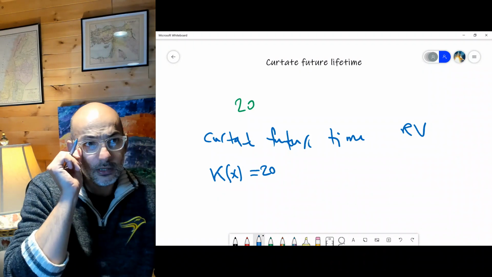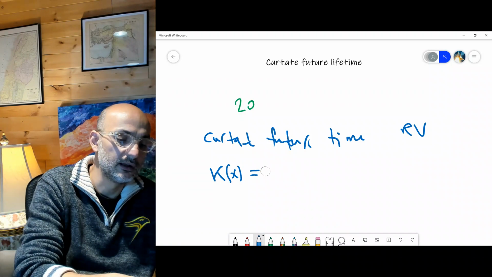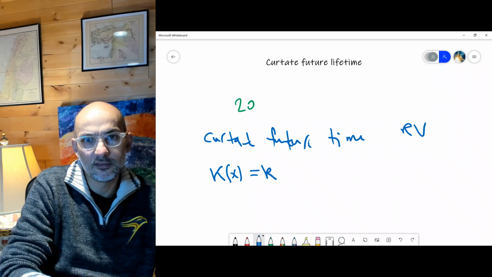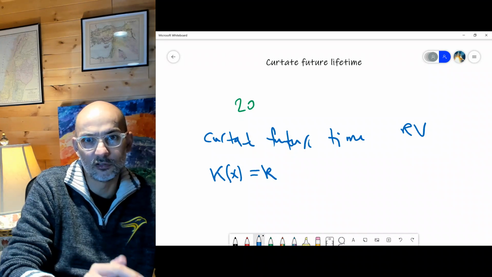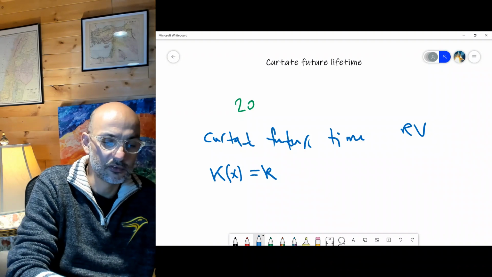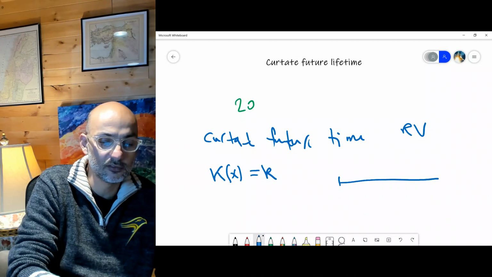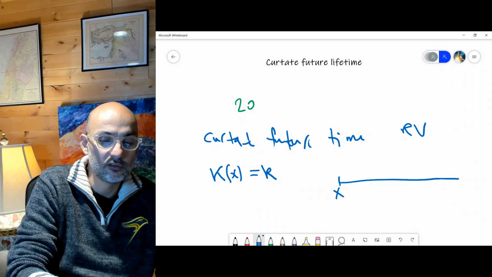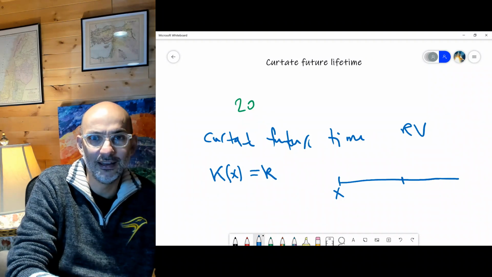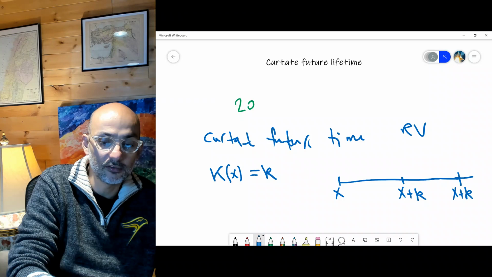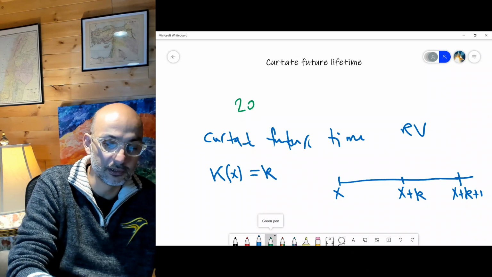So let's take the general one, k. This is similar to Tx, but this is K to say it's curtate. For somebody of age x today, if the death occurs in k curtate, it means that death occurs somewhere between x plus k and x plus k plus 1.